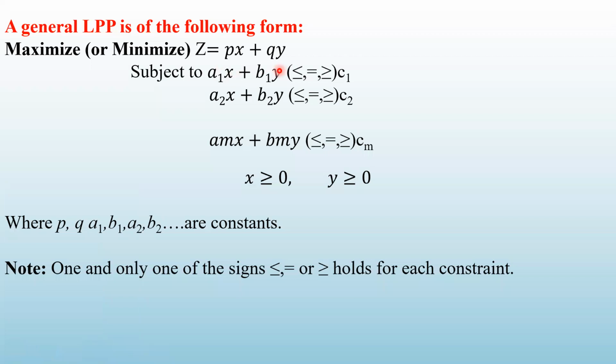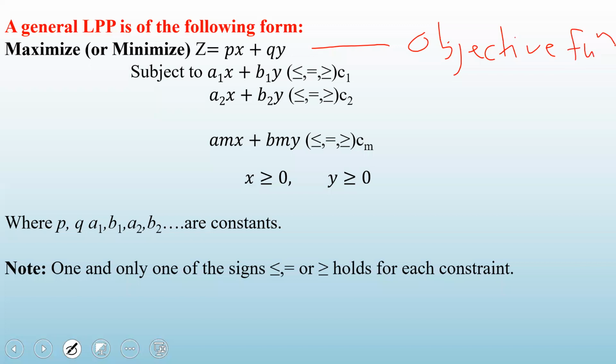Subject to a1x plus b1y less than or equal to c1, a2x plus b2y less than or equal to c2. This sign may be either less than or equal to, greater than or equal to, or equal to. So this is called the objective function, and this is called the constraints.